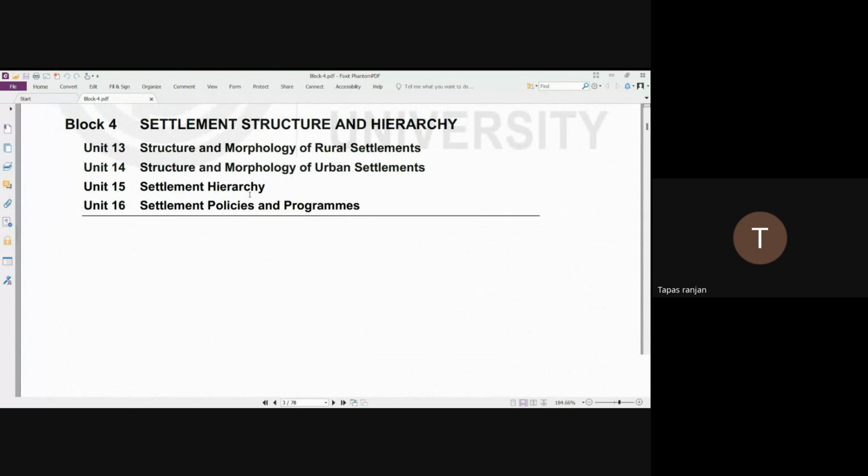Landscape can be of different types. In the previous class we were discussing the physical landscape and the cultural landscape. There is even a term called social landscape, and we have already discussed all these things.